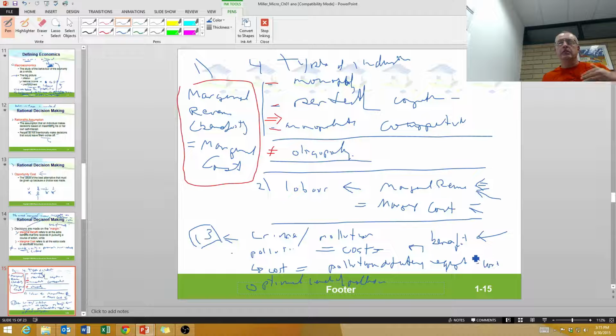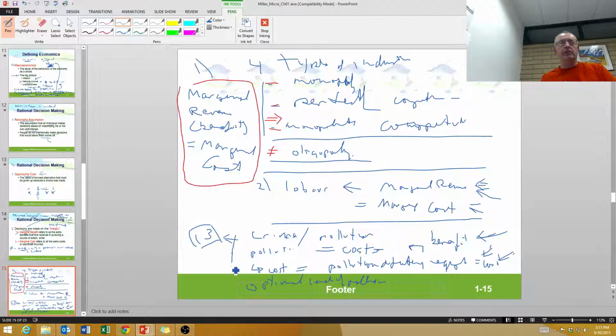incremental cost. Reducing pollution, reducing crime results in incremental benefits to society, and the initiatives to reduce pollution, to reduce crime, also have a cost. And so the optimal level of pollution in society is where the benefits from the reduction in pollution exactly equal the marginal cost of controlling the pollution.